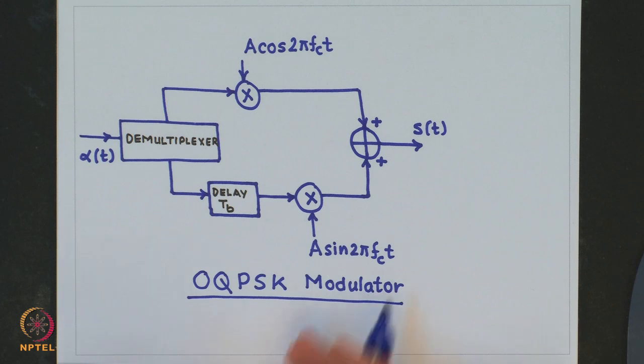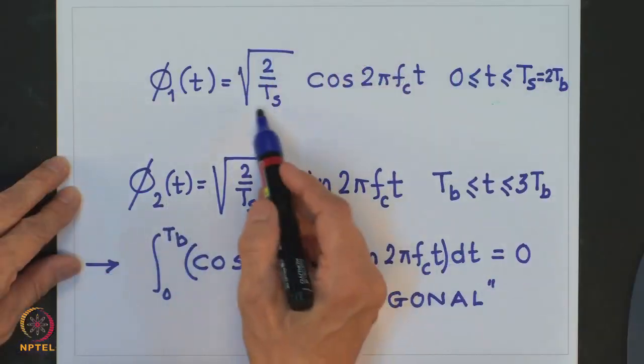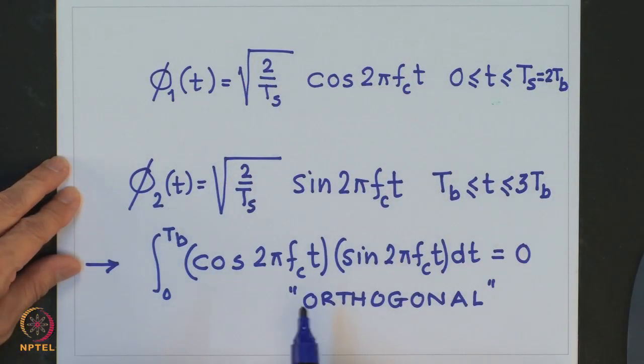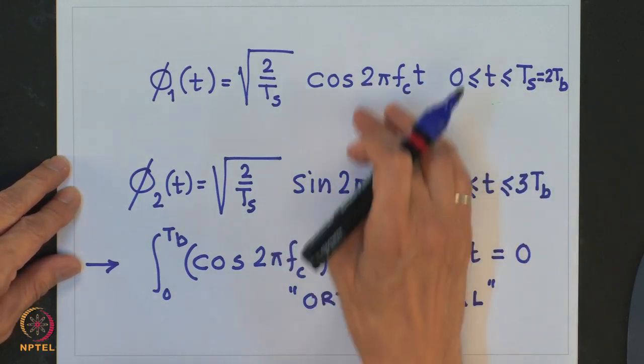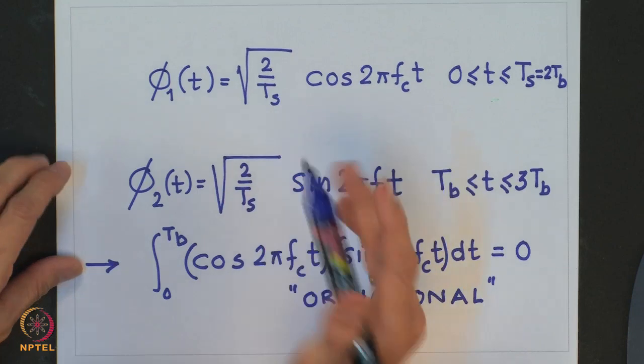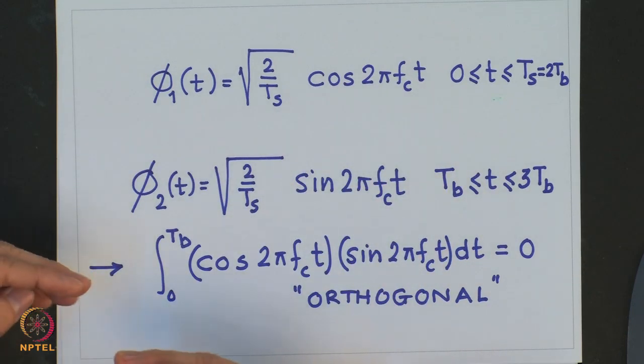Now, the optimum receiver for this can be easily obtained as follows. If we recognize that we can choose the two orthogonal signals phi 1 t and phi 2 t to be of this form, remember it is important to note that the two streams are displaced by TB seconds.